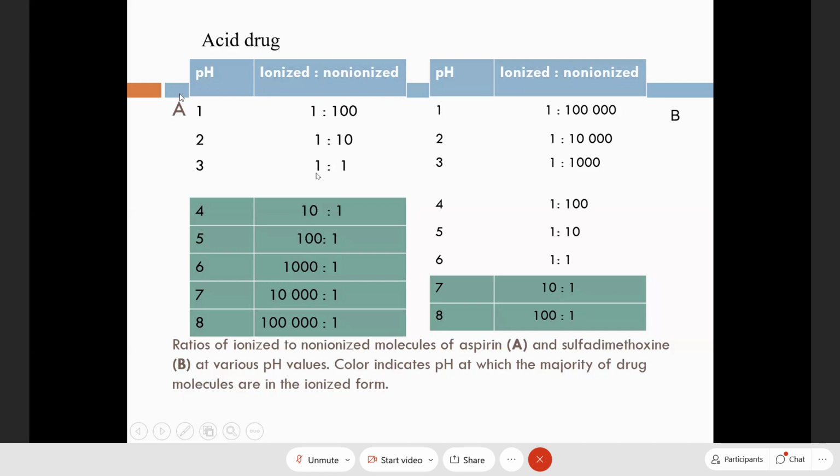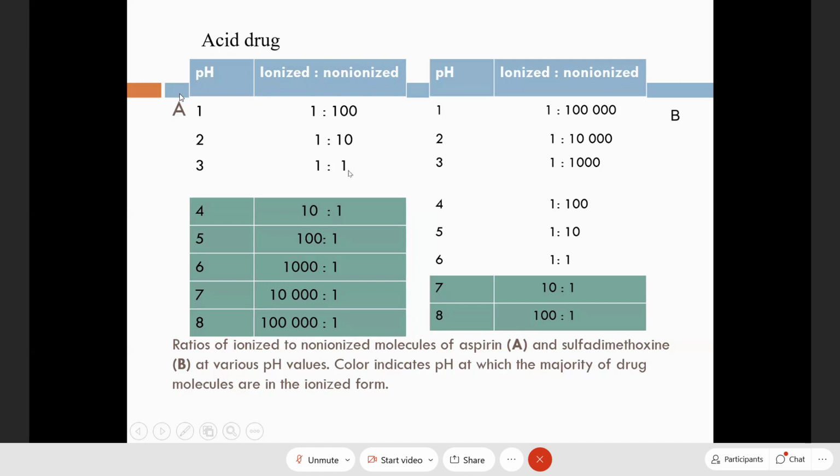So for acidic drugs, anything below the drug's pKa, the non-ionized form will predominate.